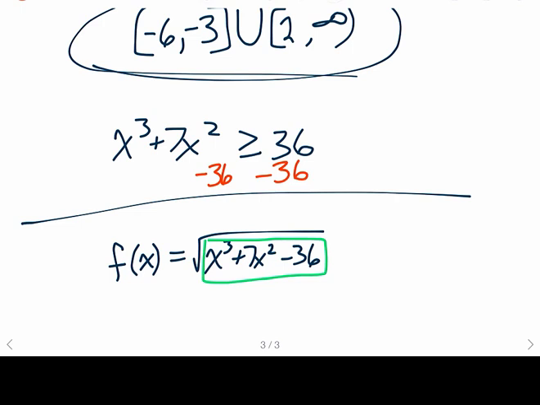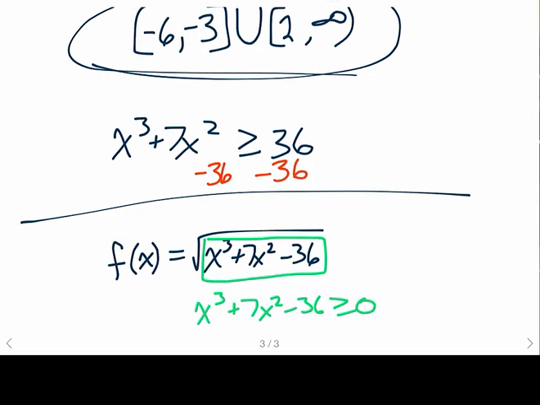In other words, I would want values, x, such that x cubed plus 7x squared minus 36 was greater than or equal to 0. So in this case, we would have a polynomial inequality as a result of trying to understand something about a completely different function. Just be aware that it happens like that sometimes.